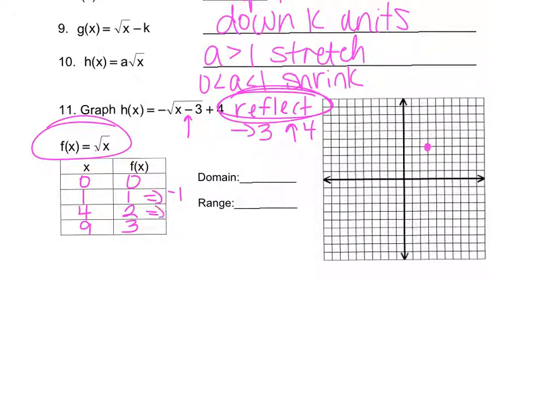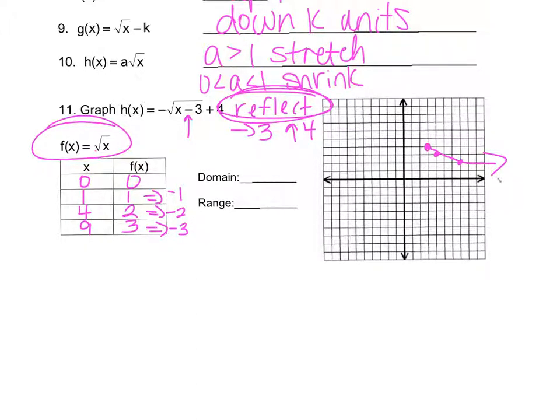So all these will become negative now. So instead of it being 1, 1, it's going to be 1, negative 1, 4, negative 2, and then I'm not able to plot the 9, negative 3 because we can't go to the right 9. So there's our graph.